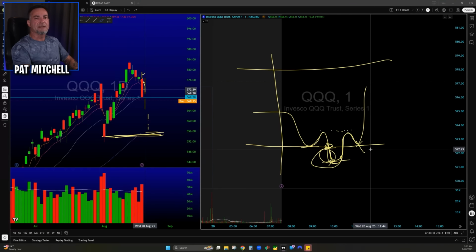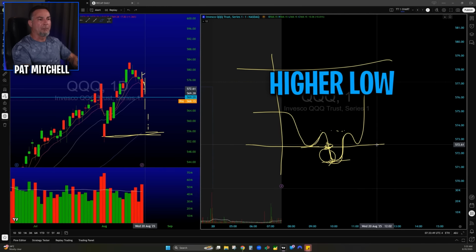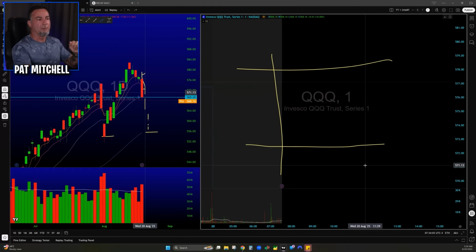So now let's discuss number 3 on the list, which is the higher low. I'm also going to throw in a double bottom, but if we want the most powerful of chart setups, the double bottom is slightly weaker than a higher low, and I'll explain why.